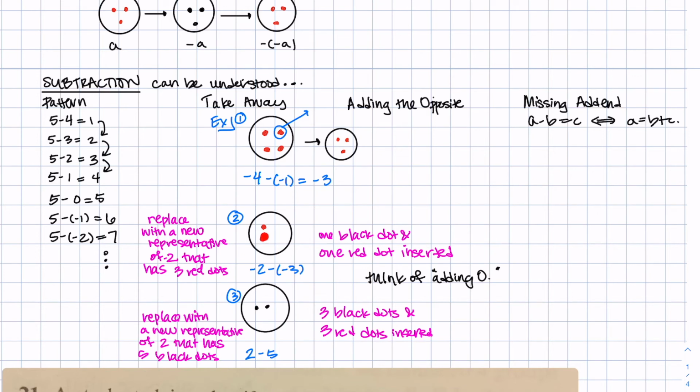And so we have to find a way around this. So here's where we have a divergence of ways we can think about it. There's a very subtle distinction. There's the takeaway method idea, and then there's the adding the opposite way of thinking about it.